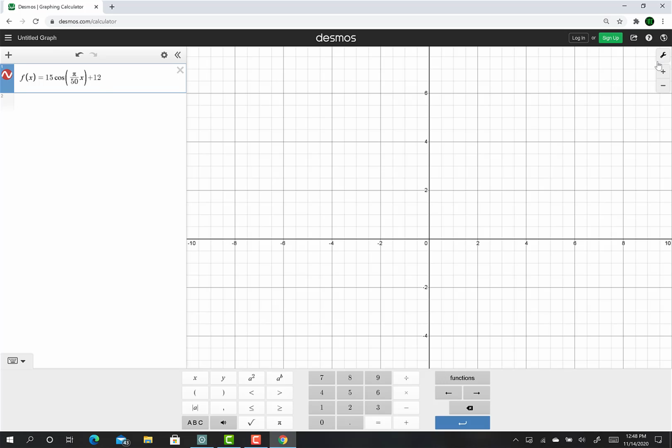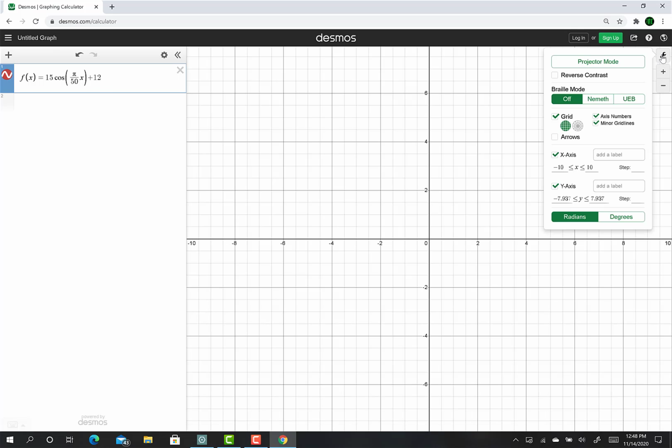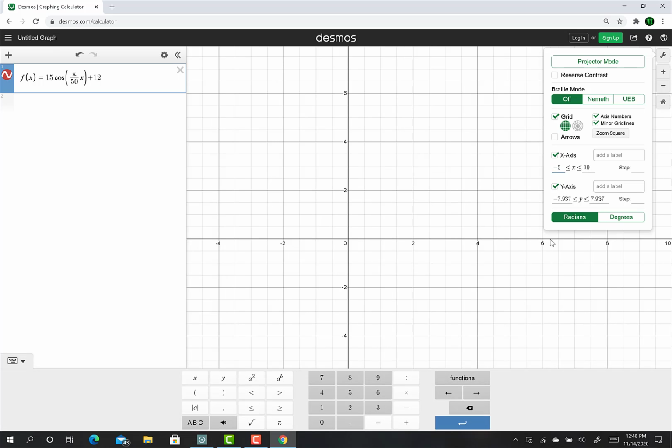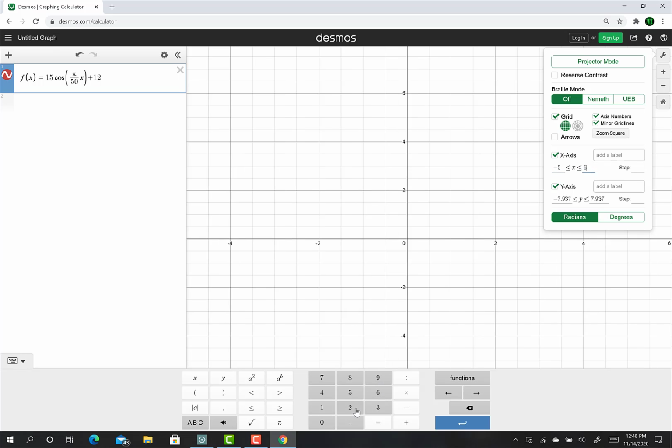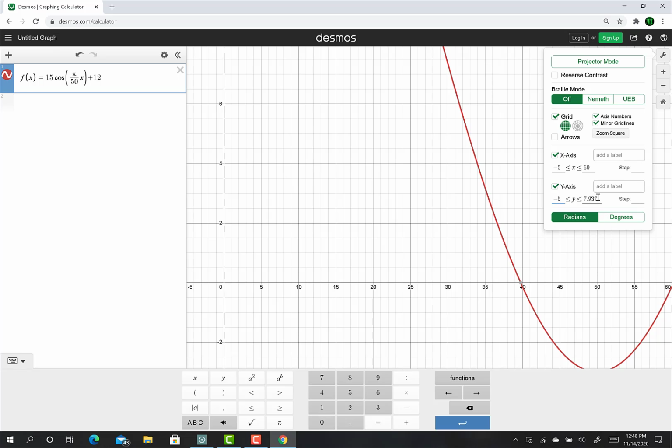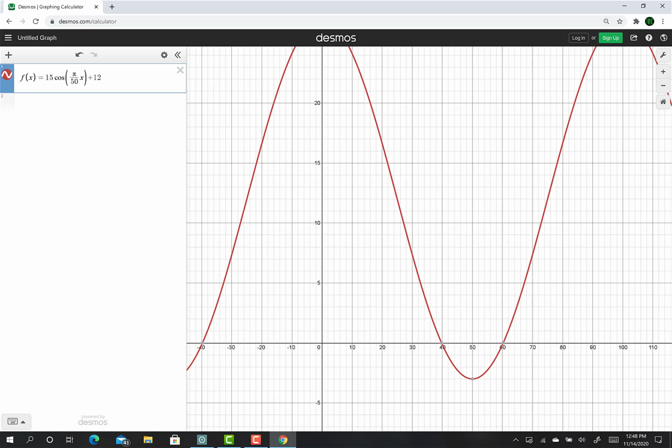I have to mess around with the settings, so I click on the wrench here, and we're going to go from -5 to 60, and then from -5 again to, the roller coaster is only 27 meters high, so let's go to 35.